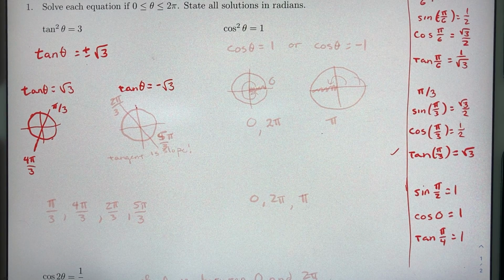So if we're looking at tan theta being negative √3, we're looking at the negative slope version of the same thing. So we want the second and fourth quadrant versions, 2 pi over 3 and 5 pi over 3. Okay, so we are going between 0 and 2 pi, so those are the ones that we want. I don't want negative angles.